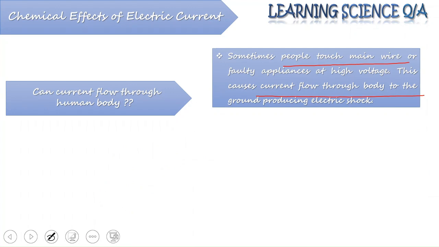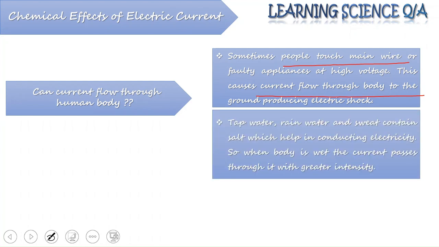There are certain conditions that must be satisfied. That means the circuit must get completed, and this circuit would be broken if you are wearing good shoes or slippers, something insulated at your feet. If you are directly in contact with the ground, there are chances that electric shock will be there, right? So touching a main wire or faulty appliances causes current to flow through the body to the ground, completing the circuit, producing electric shock.